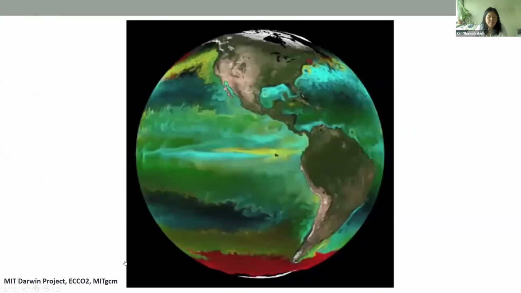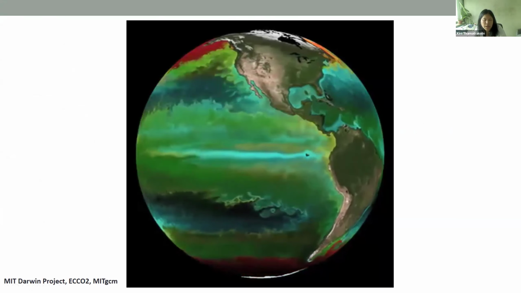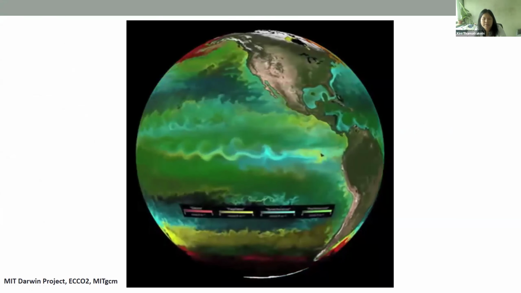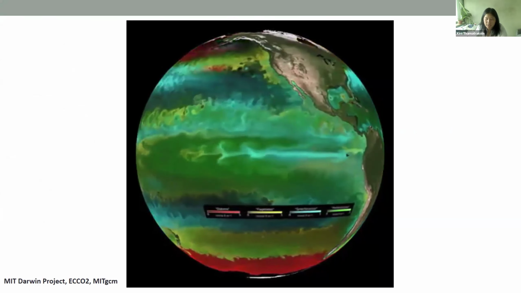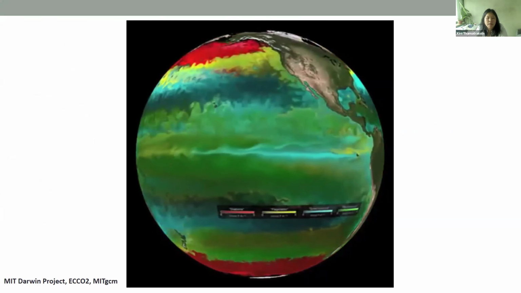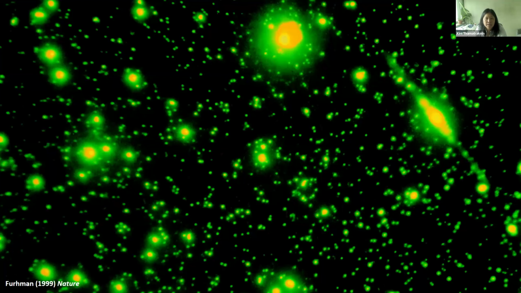And so this is a global ecosystems model from the MIT Darwin project. And these kinds of models have been really valuable in helping us understand the distribution of phytoplankton groups within the global ocean. And one of the goals that I think a lot of us in the community are interested in is how do we incorporate the role of viruses? So this is a somewhat famous picture by Jed Furman of a drop of seawater that's been stained with the DNA fluorescent dye SYBR.